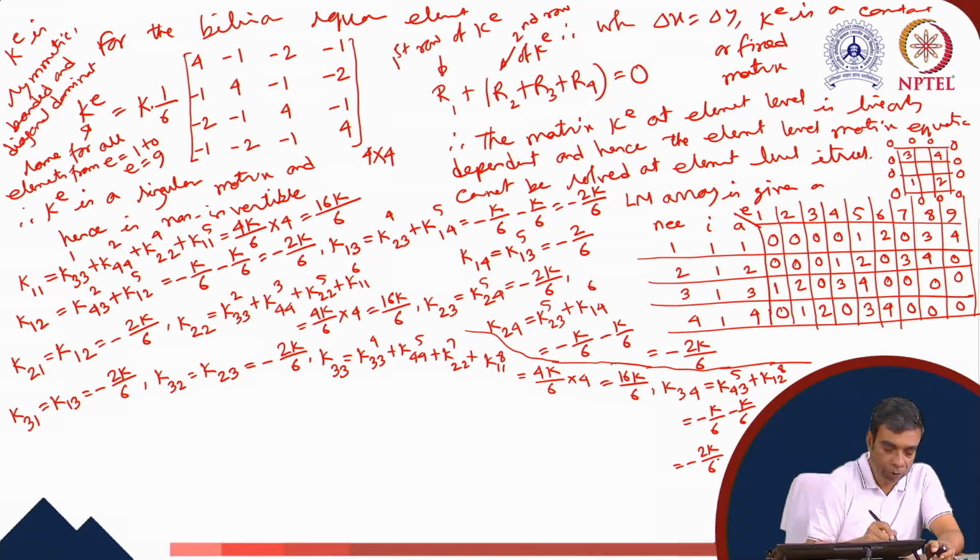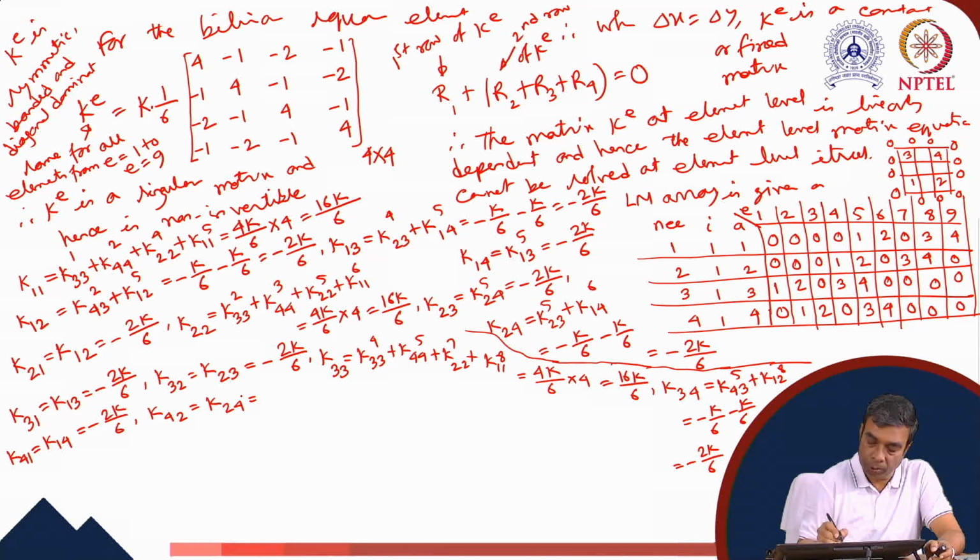Now for the last row, K41 equals K14 equals minus 2K by 6. K42 equals K24, which is minus 2K by 6.